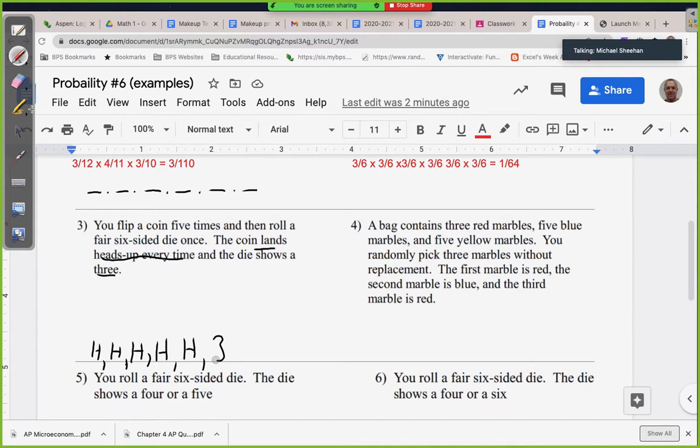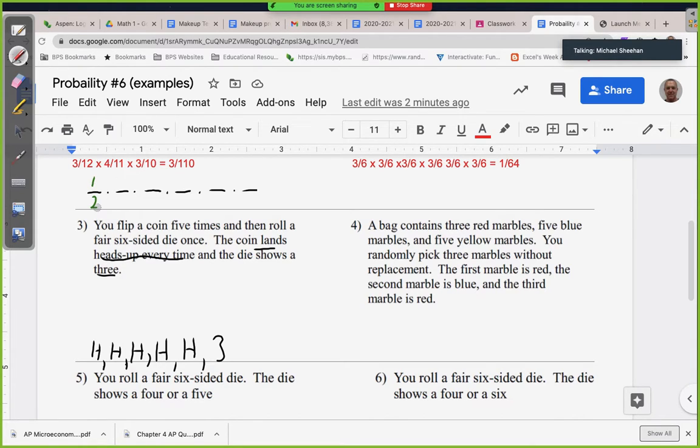All right, so let's think about the probability of each one of these things happening. When I flip a coin, what's my probability of getting heads? 1 out of 2, good.